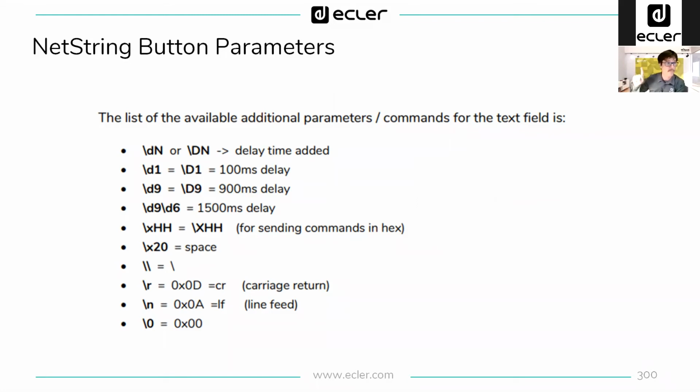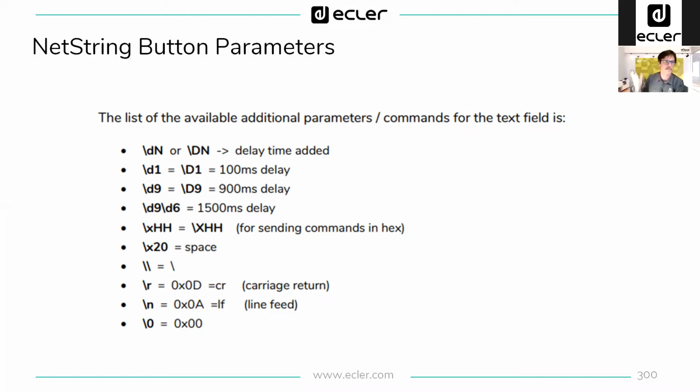And in case of a projector you want to control, you can control a projector or whatever device in the network that is controllable from TCP, UDP. It's in the manual of the manufacturer of the device you want to control that you will have to find what commands to set in those net string buttons. So please refer to that manufacturer for which commands are available, because we do not know the commands of, I don't know, an Epson projector.